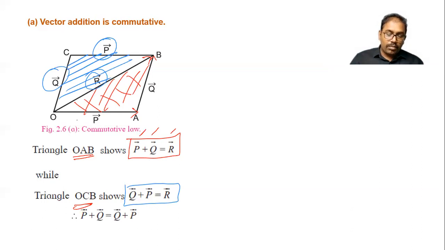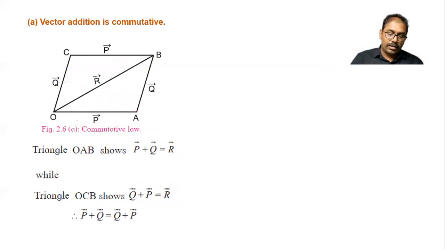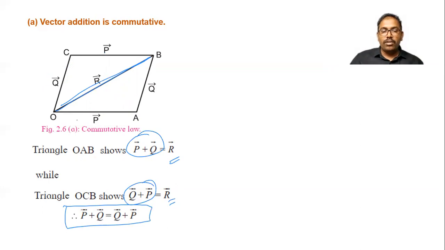If you see this very carefully, P bar plus Q bar and Q bar plus P bar are both equal to R bar. One side is the same, R bar, because this is a common side. So here we can write P bar plus Q bar is equal to Q bar plus P bar. This is the commutative law. Commutative law means if we add P and Q, it is equal to the addition of Q and P.